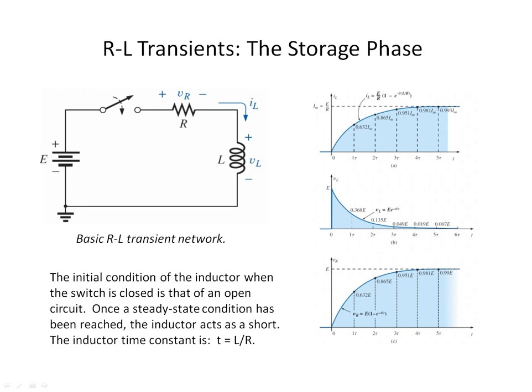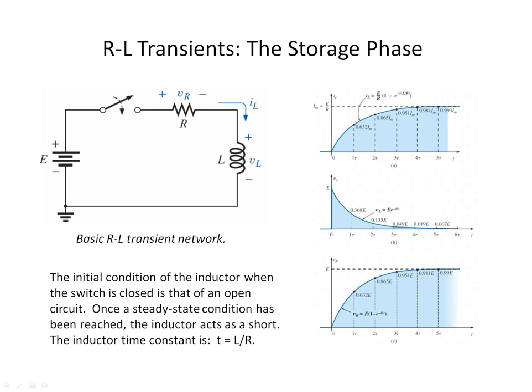Once a steady state condition has been reached, meaning that the inductor is fully charged up, the inductor acts as a short. Now the inductor has a time constant, and the time constant tau is equal to L over R. Again, the time constant tau is equal to the inductance over the resistance.